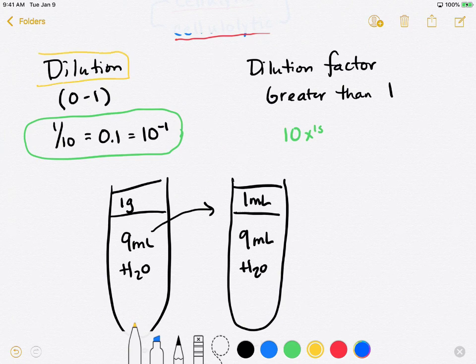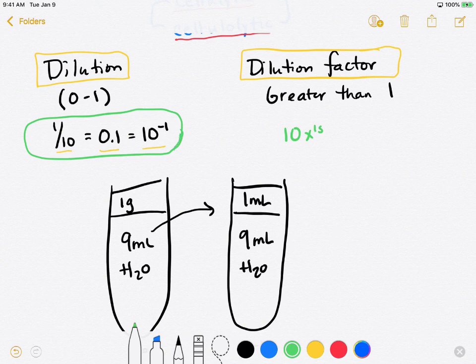We talked about dilution versus dilution factors. Dilution is a value that is going to be less than 1. It's expressed as a fraction or as a percentage. In this case, we were diluting by a factor of 10. And so that meant our dilution was 1/10 or 0.1 or 10 to the negative 1.